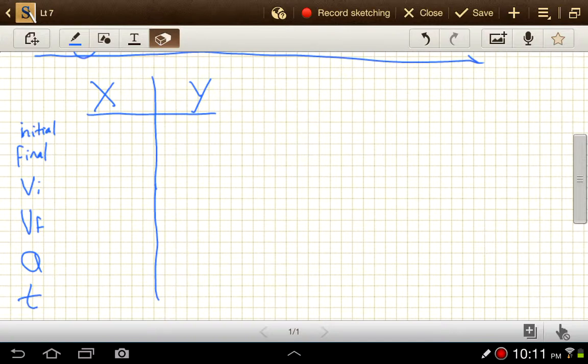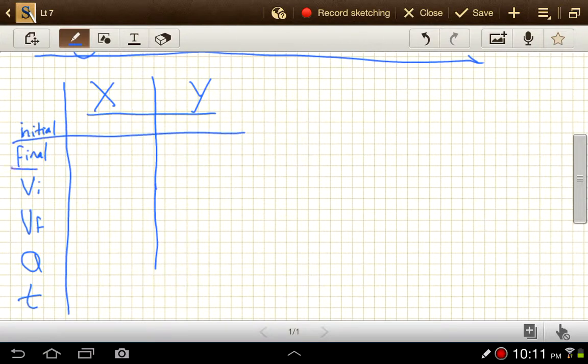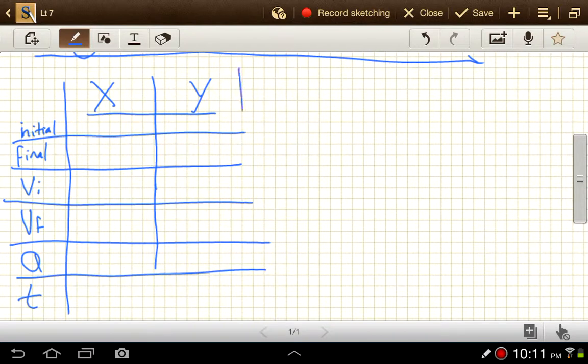Now that doesn't really get put into x or y direction individually. That's going to be something that's common to both. So these variables then are going to be what we're concerned about for this.